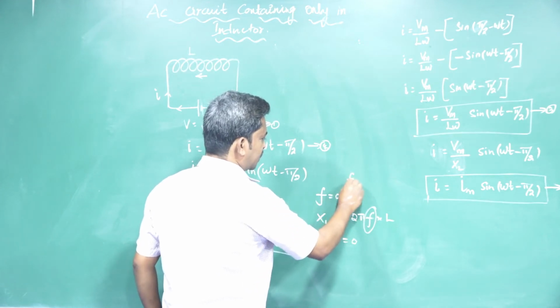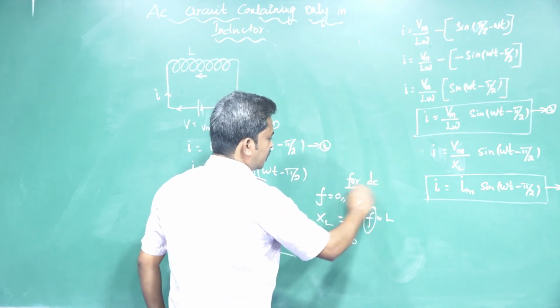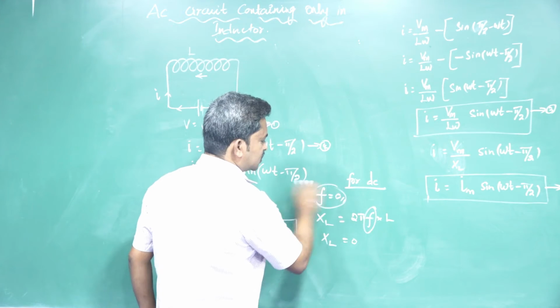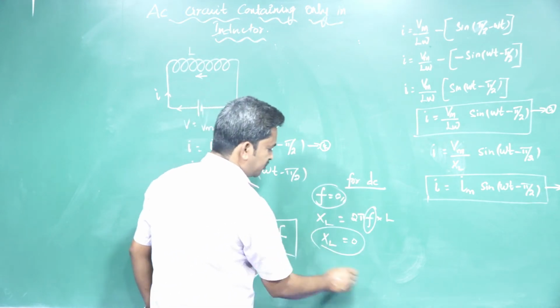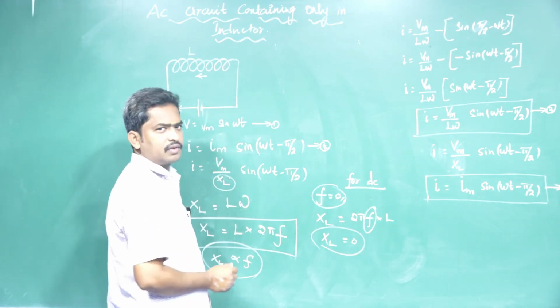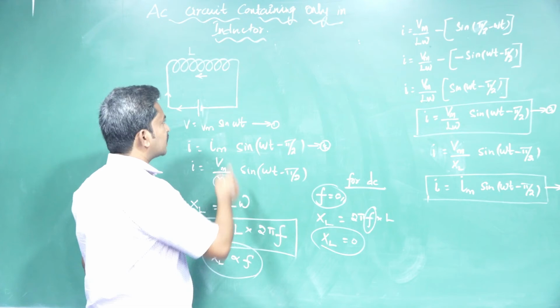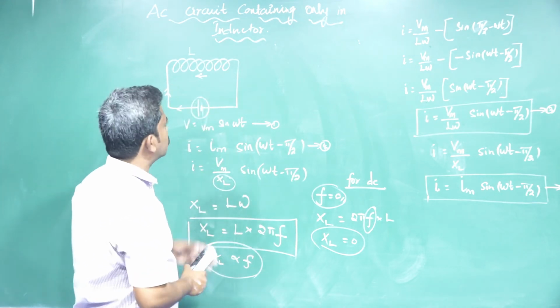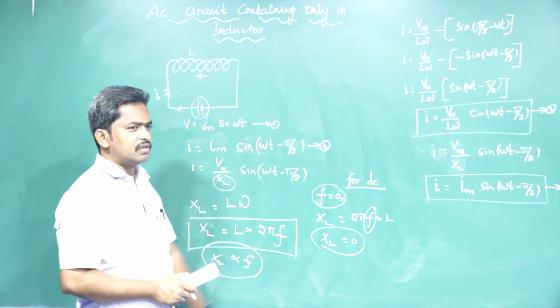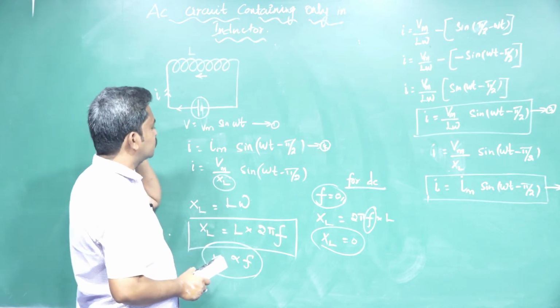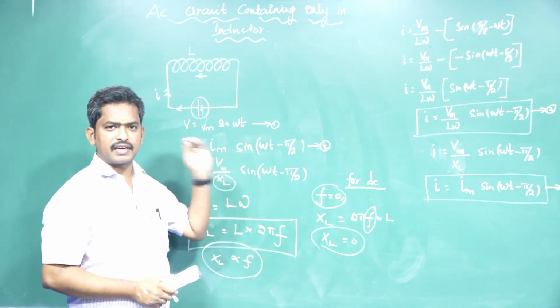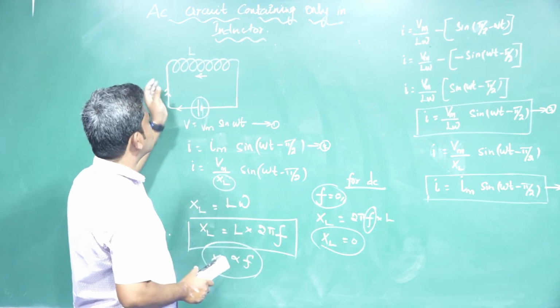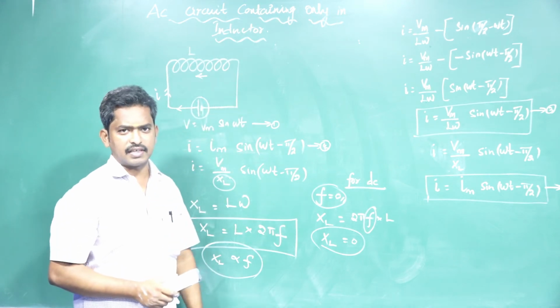For DC current, frequency is 0, so the reactance is also 0. So DC current easily flows through the inductor. In an ideal inductor there is no reactance, so DC current is easily allowed through the inductor.